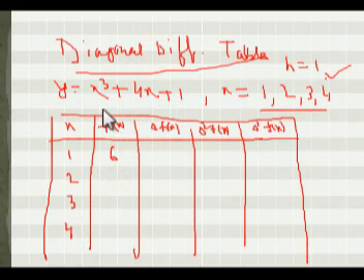If we put 2, this will be 8, 8, 1, which is 17. If we put 3, this will be 27, 12, 1, means 40. If we put 4, 64, 16, 1, so this will be 81.